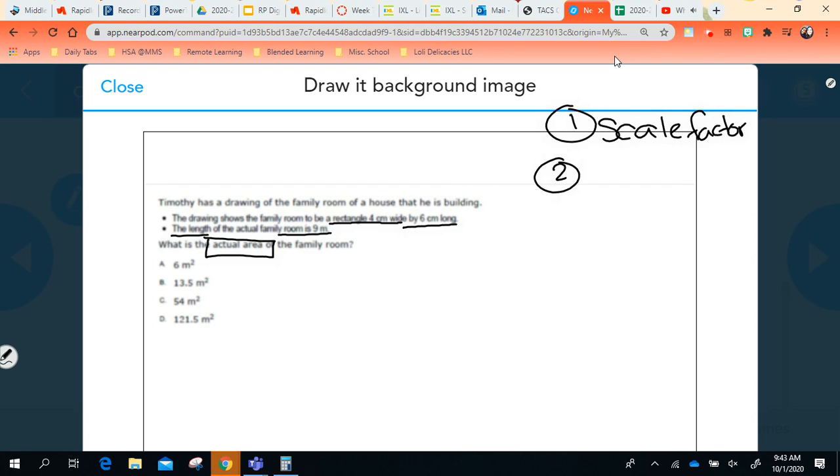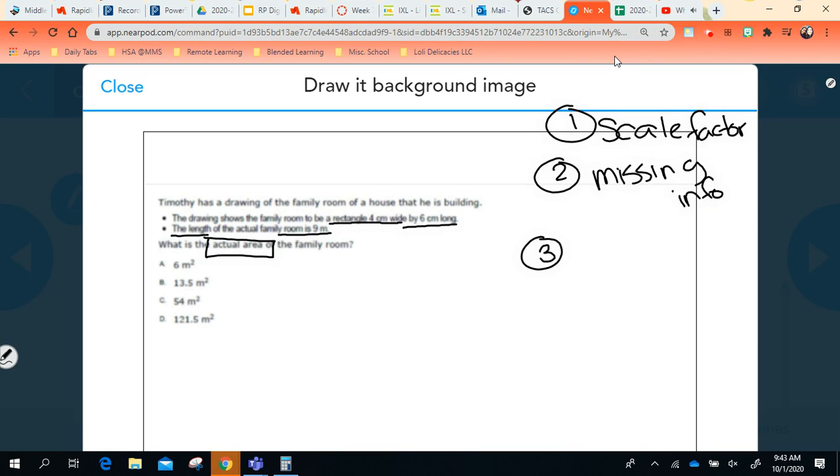The second thing I need to figure out is what? The missing information. What is my missing information to be exact? Okay, so not the actual area yet. What do we think? I know that the actual family room is 9 meters long.